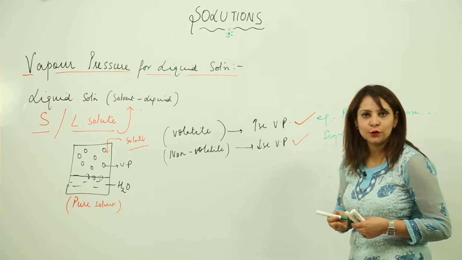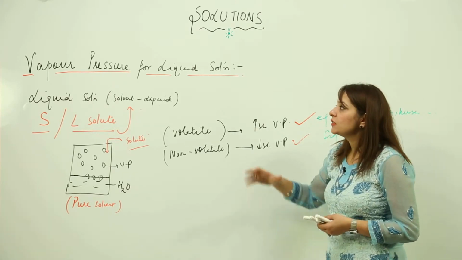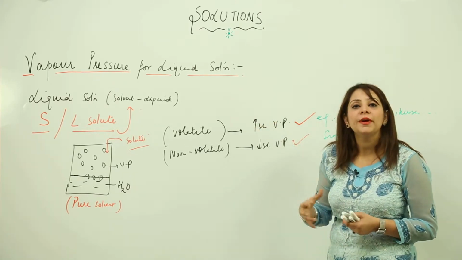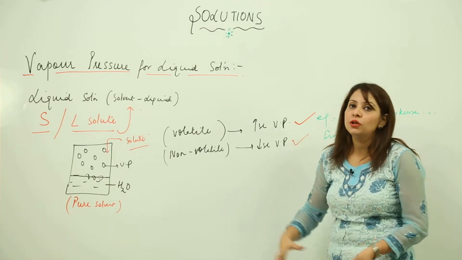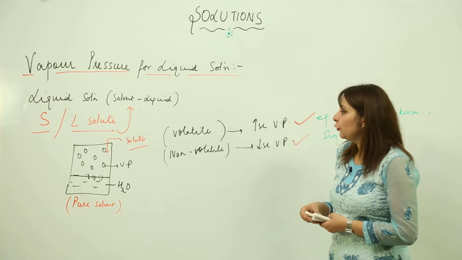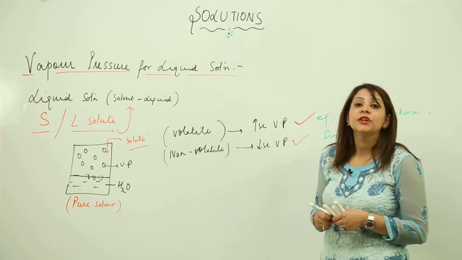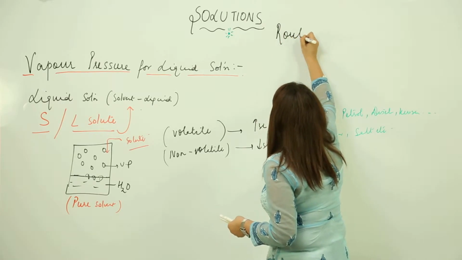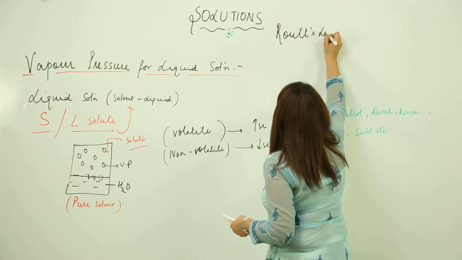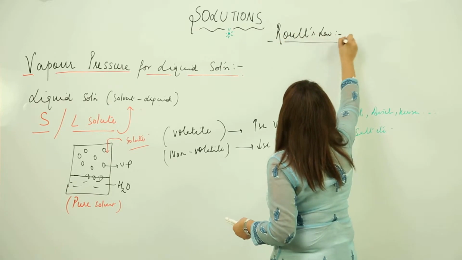They are non-volatile solutes. Now we are going to study how this vapor pressure gets affected, what is the cause of the change in vapor pressure, and what law holds good for it. So we are starting with Raoult's law, a very important law.